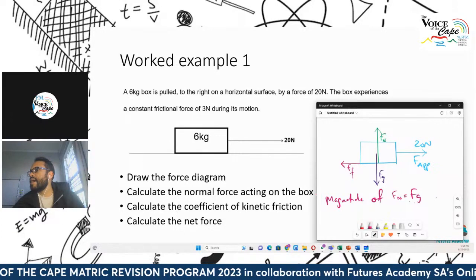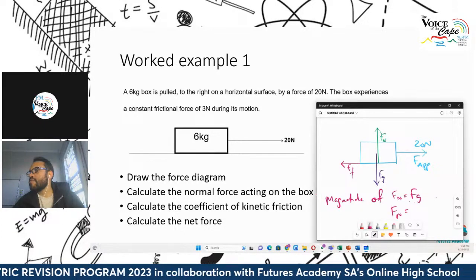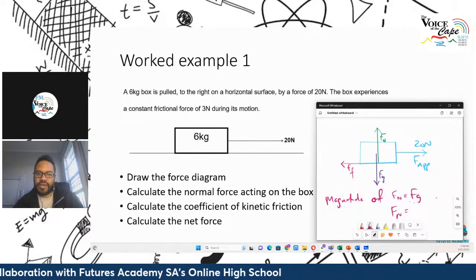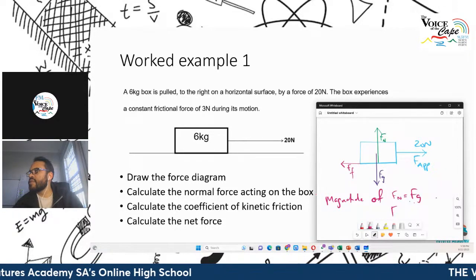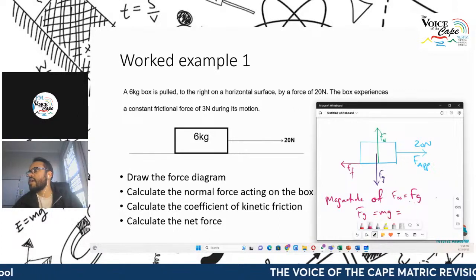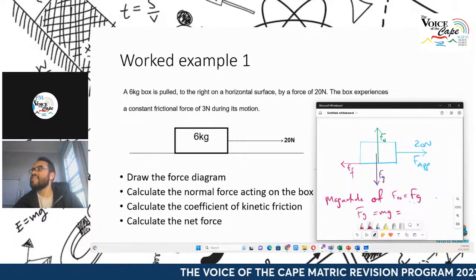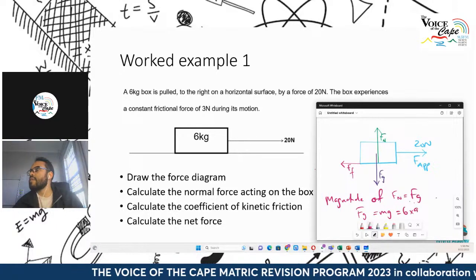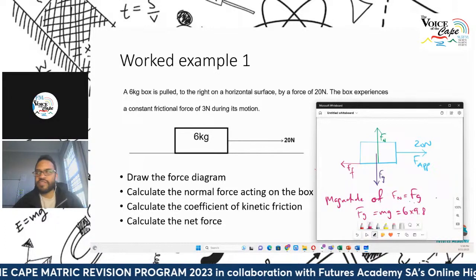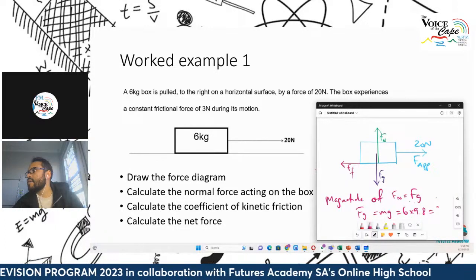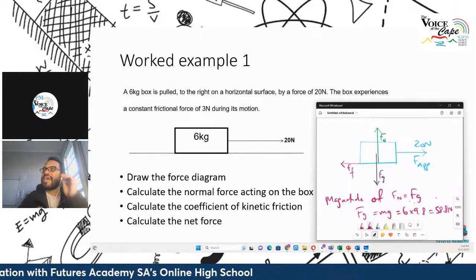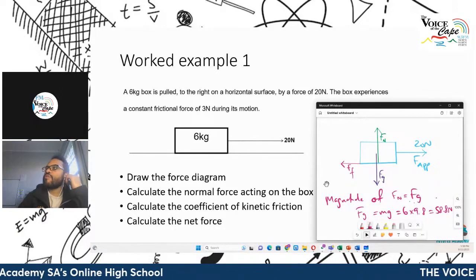So if I want Fn, the normal force, I know it's going to equal the gravitational force. Let's say Fg is equal to m little g, and the mass of this object we can see is 6 kilograms multiplied by 9.8. That's going to be 60 minus 1.2 is 58.8 newtons, right? But we're not done, because they said calculate the normal force acting on the object.